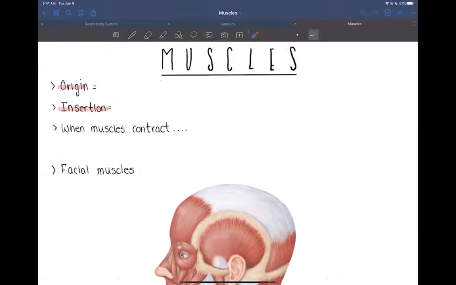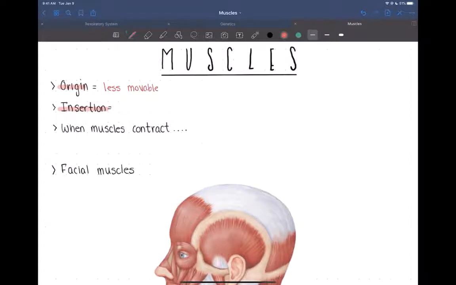And so the first thing we're going to do actually is define a couple of things. So with muscles, we talk about their origin and their insertions. So this just is where they attach to the bones. Okay. So the origin is going to be the less mobile point. Right, so it's less movable. It's kind of the stationary point where the muscle attaches. All right.